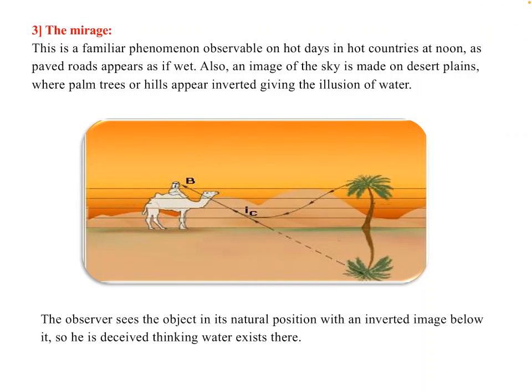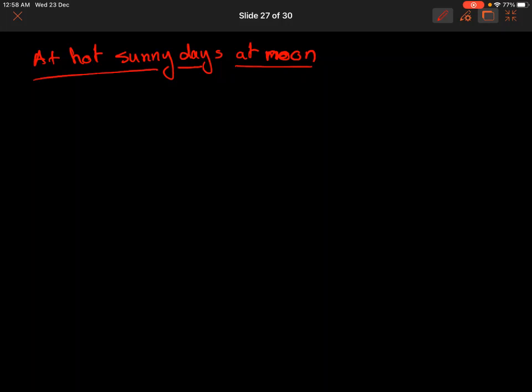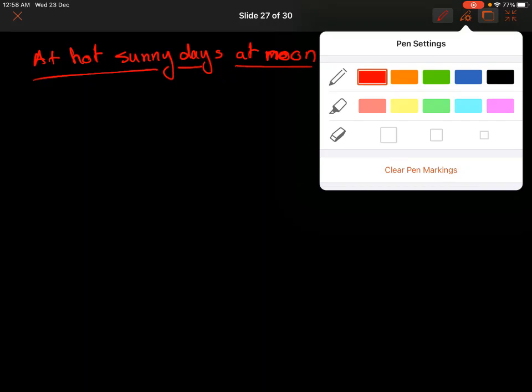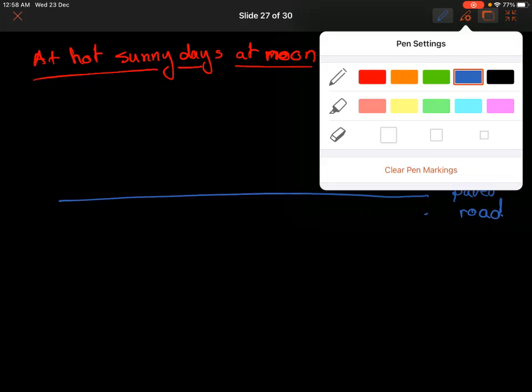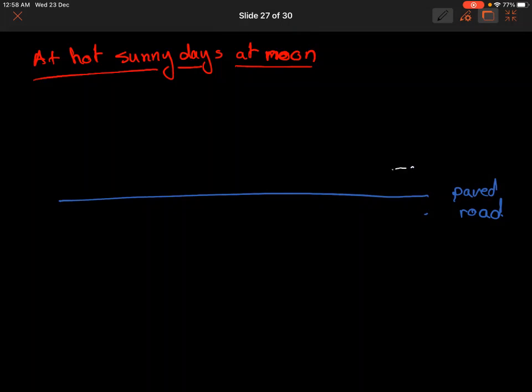To understand the mirage at noon, if you have a paved road, the air is divided into layers, many layers.